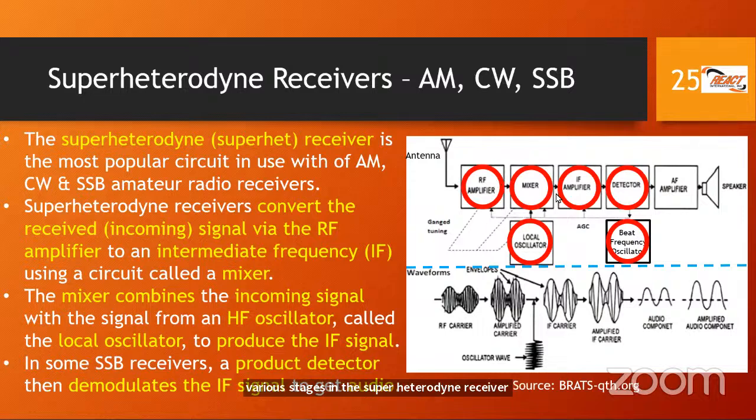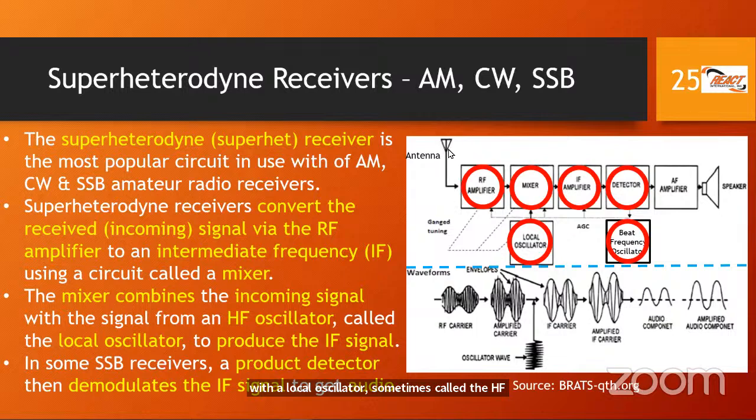What that receiver does is convert the energy coming from the radio frequency wave to an intermediate frequency using what is called the mixer stage. The mixer takes the incoming signal along with a local oscillator, sometimes called the HF oscillator, and produces the intermediate frequency.